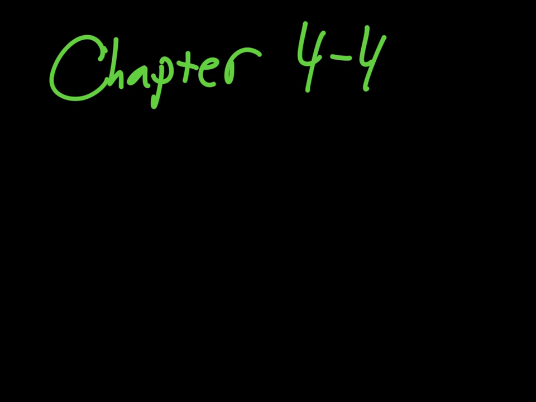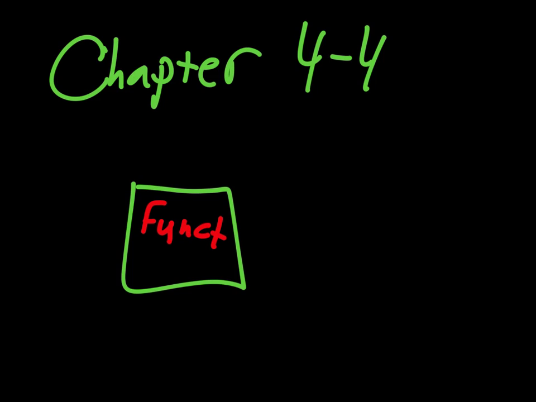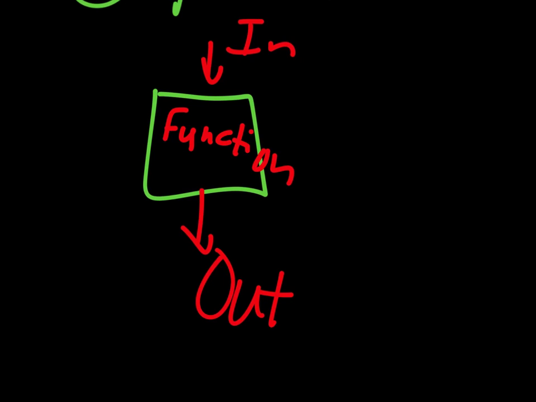So remember again, this is our factory, or our function. We know that something goes in and something goes out. This is our output. This is our input. So whatever goes in is going to come out something else, and it better be consistent.